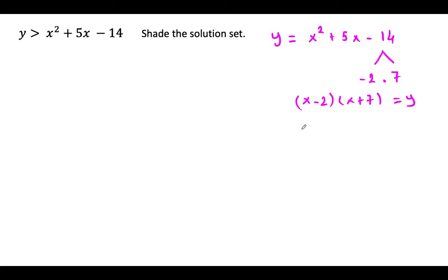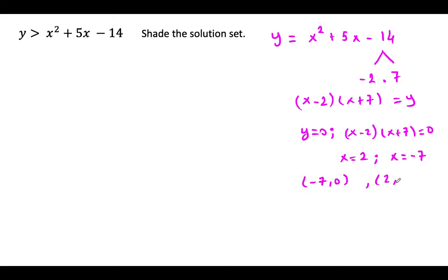Now, when y is equal to 0, what will be x? So (x minus 2) times (x plus 7) is equal to 0, so x is 2 and x is negative 7. These are my x-intercepts. The function is passing through these points.